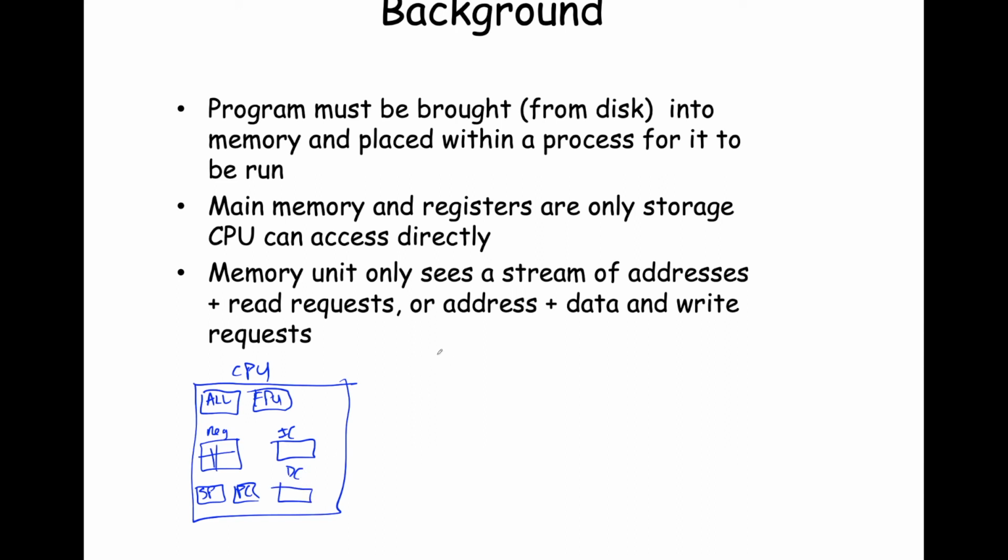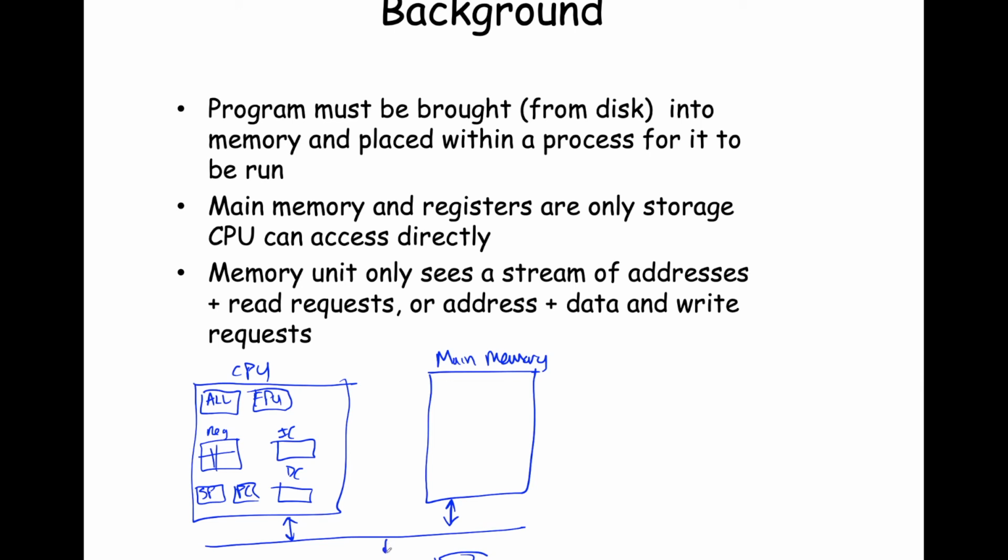We also have main memory, the subject of Chapter 9, and we also have our disk on which our programs are stored. Of course, in a von Neumann architecture, they're all interconnected by a high-speed bus, and certainly the disk is arbitrated by the I/O controller, which maintains a buffer on behalf of the disk device.